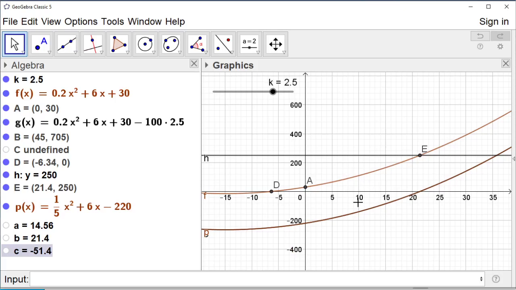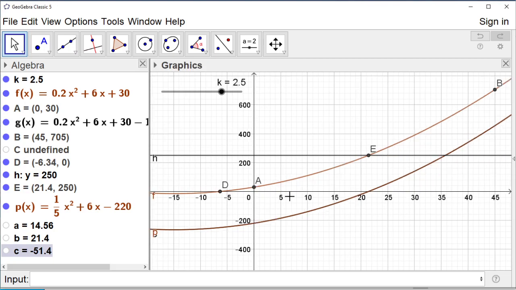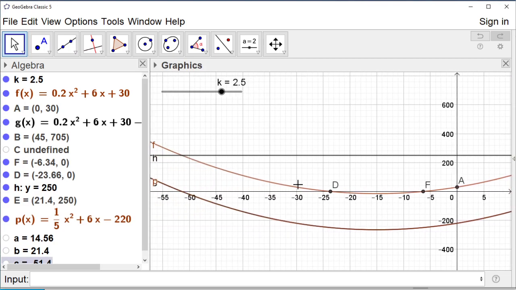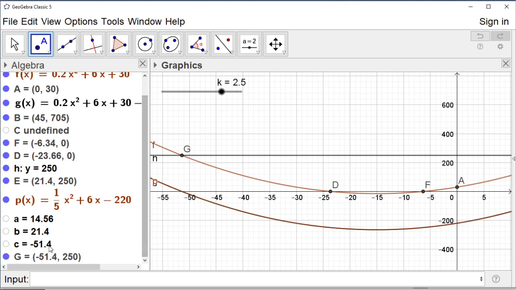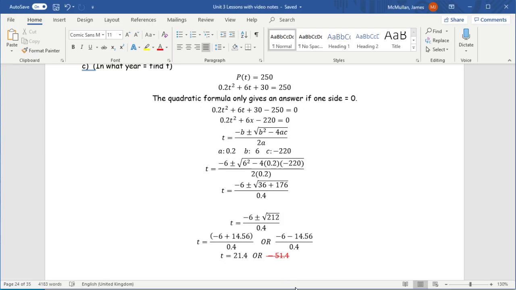The reason the math is giving us that answer is because if we look back at our question, there is another time that the model says that the town had a population of 250,000. It was way back here in negative 51 years before the model started in 1919. But the model doesn't exist back here. So we're going to reject this one, right?